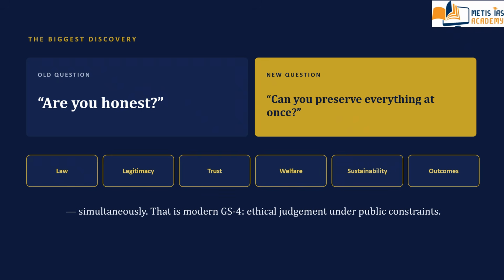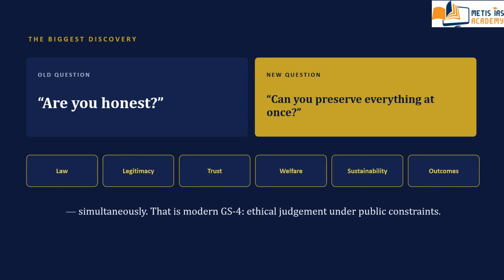That is human legality. So here we discussed two completely different cases so far. One is a governance failure, one is a human dilemma. Same decision engine. That means UPSC is not testing memory here. It is testing judgment. That is what you have to understand.